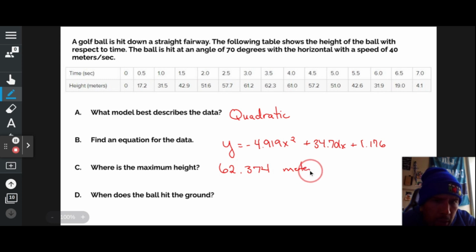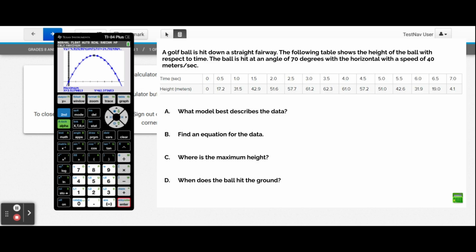And in order for me to find out where it hits the ground, I'm going to find the other zero. Last but not least here, I need to find where this thing lands. This is where I smack the ball. This is the trajectory. That's where it hits the ground. So I need to find the zero. Second, trace takes me to calc, and I want to hit 2 to find the zero.